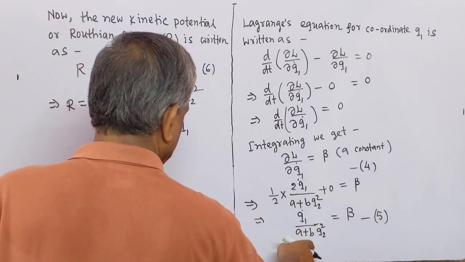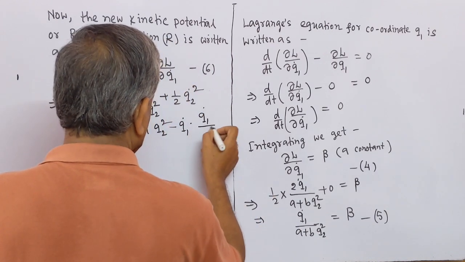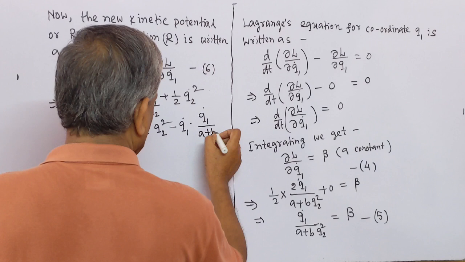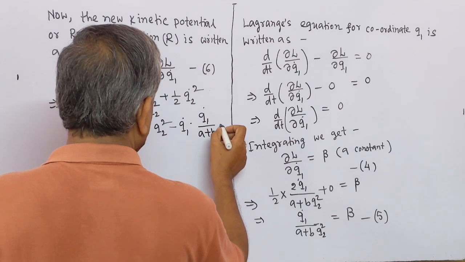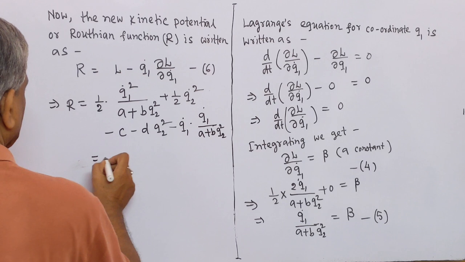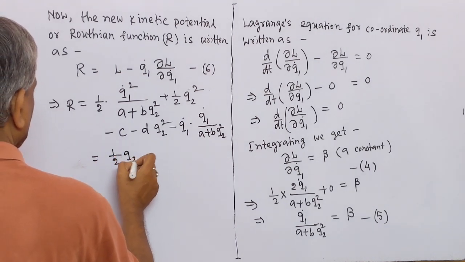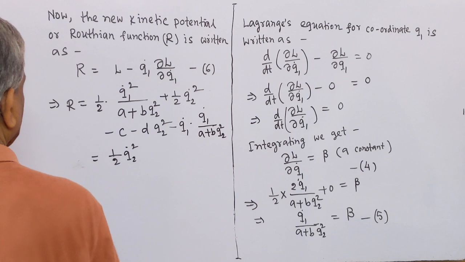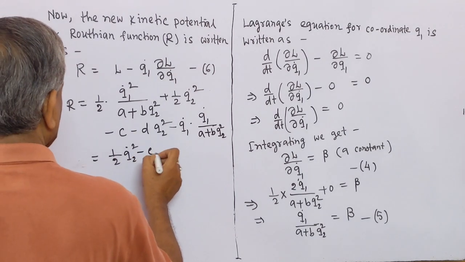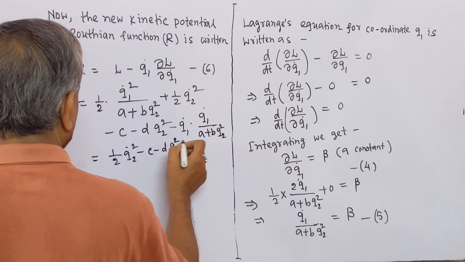Here we get Q1 dot by (A plus B Q2 square). So R equals half Q2 dot square minus C minus D Q2 square.